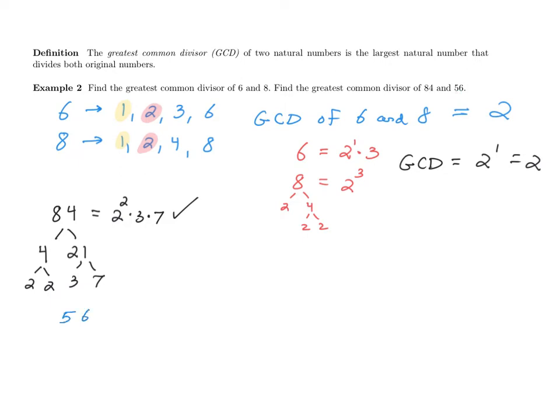If you look at 56, okay, this is 8 times 7. 7's prime, but 8 is not. 8, well, I know the answer is 2 cubed, but just be careful. It's 2 times 4. 4 is 2 times 2. Therefore, for 56, we have 2, but we have it 3 times, so I'll put 2 cubed. And we're going to multiply that by 7. And here is the prime factorization of 56.